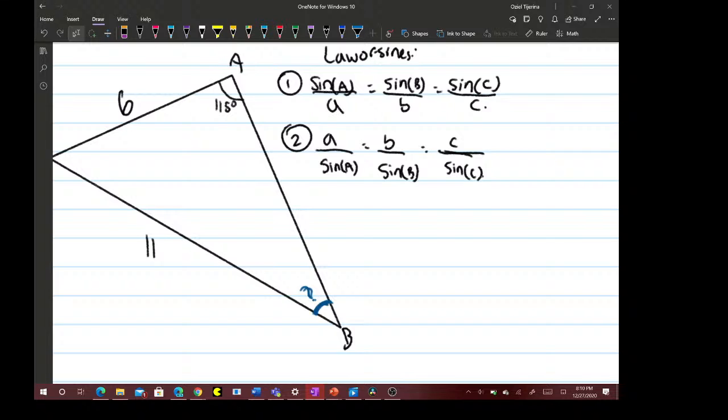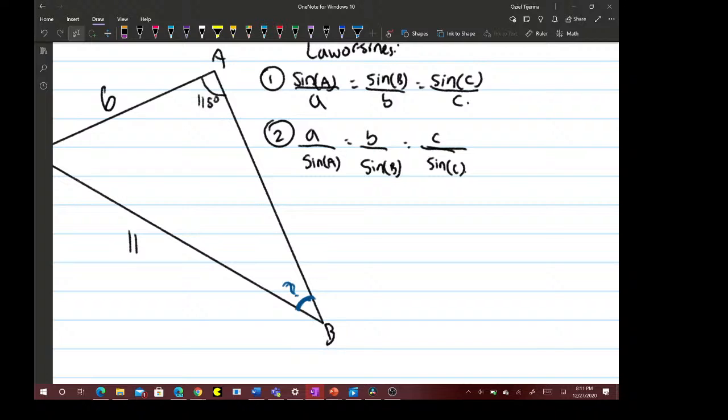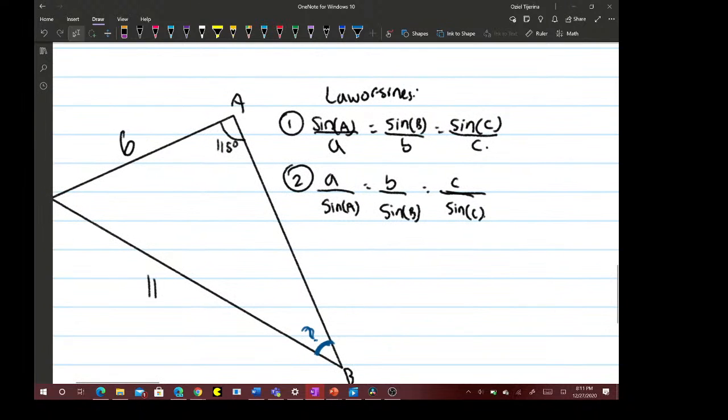Basically, if I research law of sines here, let's see here, hold on. Okay, yeah, so we can use it both ways. We can use either one of these ways.